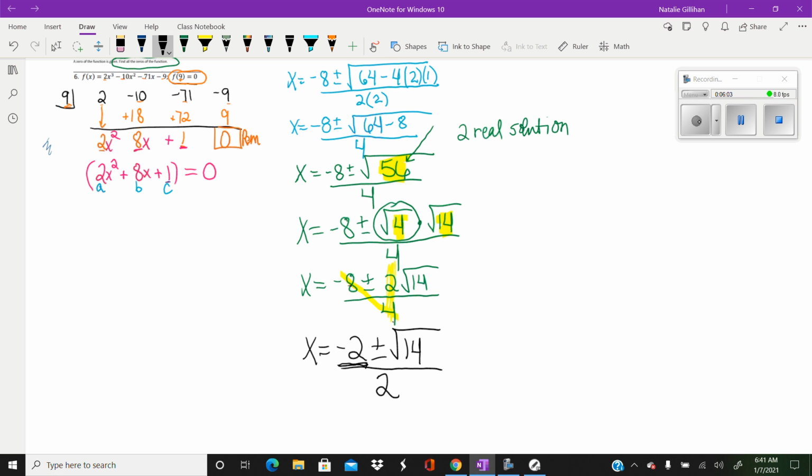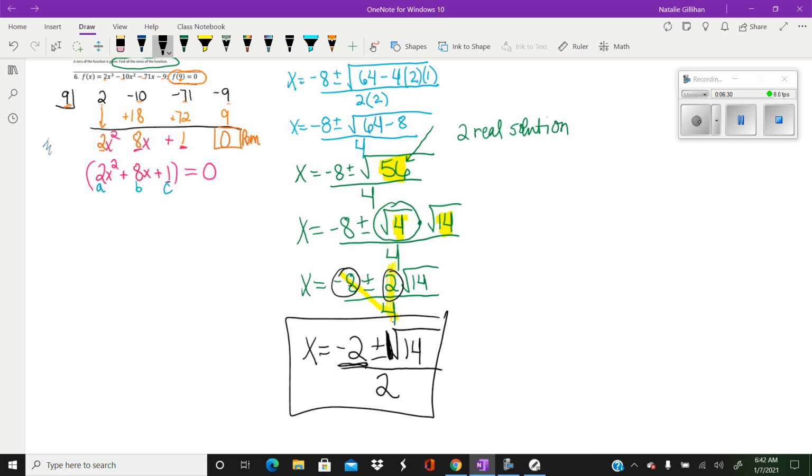And 2 over 4 gives us, essentially, an invisible 1 over 2 right here. Now, a lot of students look at this and say, well, -2 and 2, I can reduce that. No, we cannot. It's almost like a greatest common factor kind of thing. It has to be divisible into both pieces: the number in front of the radical and the number out front. So this is our final answer for solving with the quadratic formula.